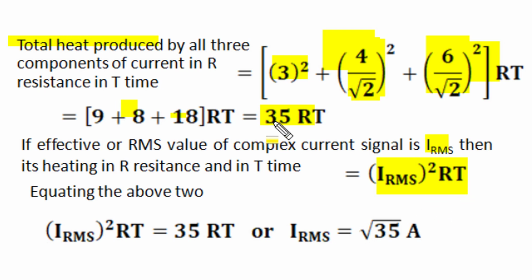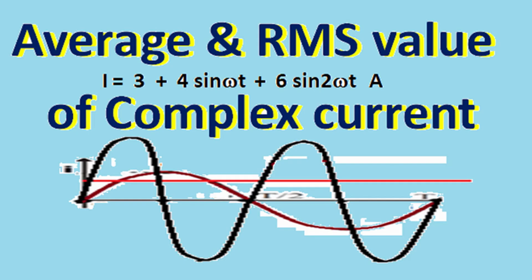If we equate the heating of the summation of 3 individual components and the heating of the equivalent RMS value, then we can say the RMS value of this complex current is the square root of the sum of the squares of the individual RMS currents, and it comes out as root 35 ampere in this case. This small learning video has solved one of your popular examination questions.